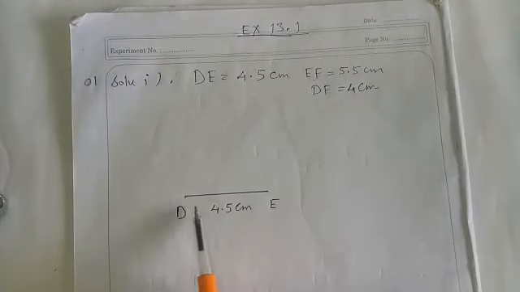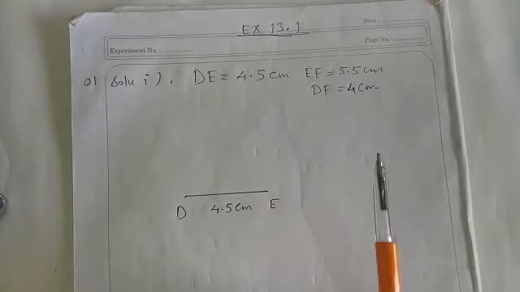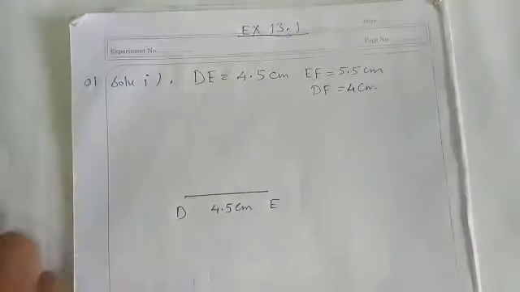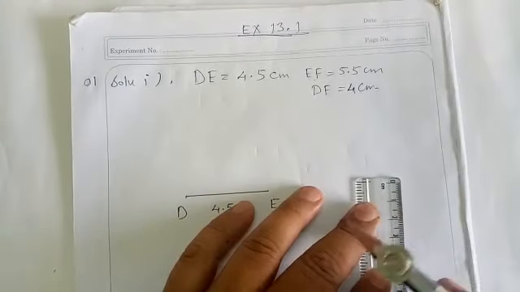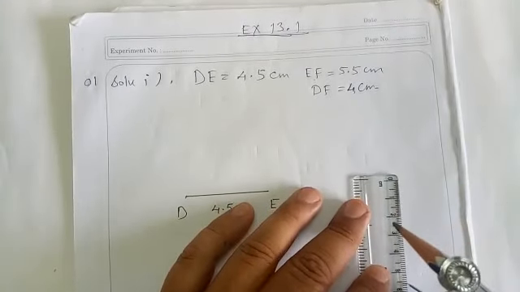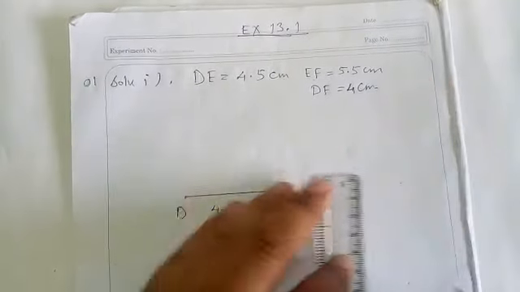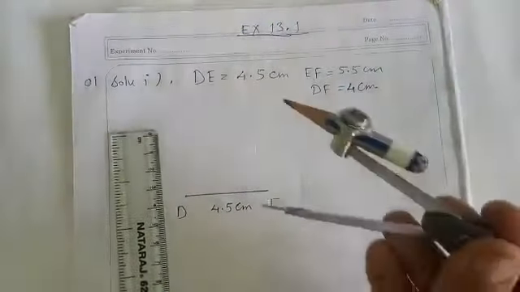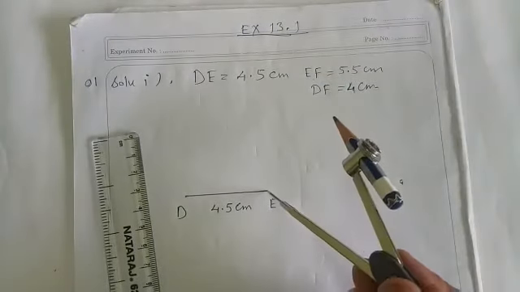Name it DE and write the measure 4.5 cm. Then what is the measure given after DE? EF is 5.5. In the rough you measure 5.5, as you learned in classes 6, 7, 8, and take your compass.